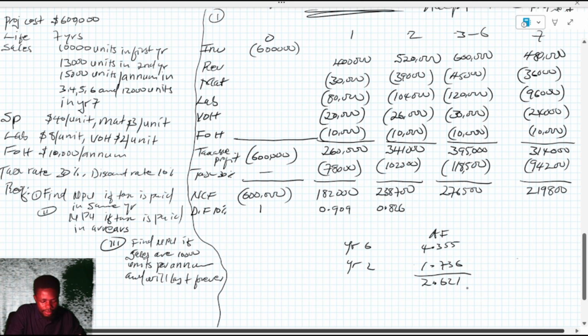It will give you 2.619, or 2.620 or 621 if rounding up. Okay, this is what you get.